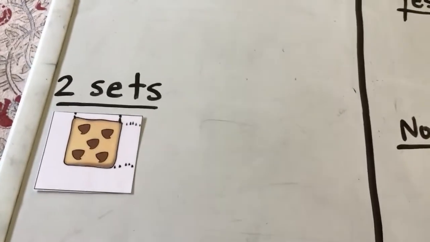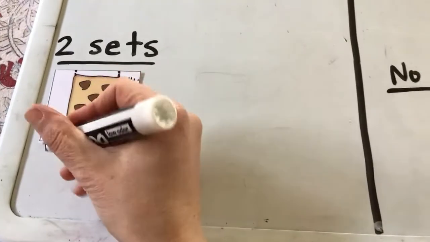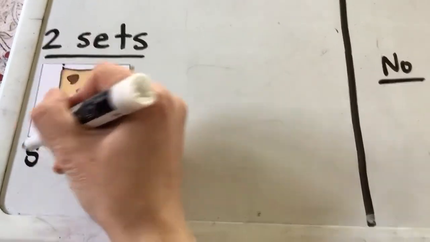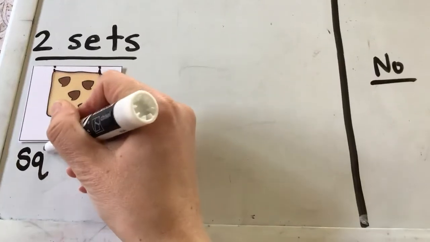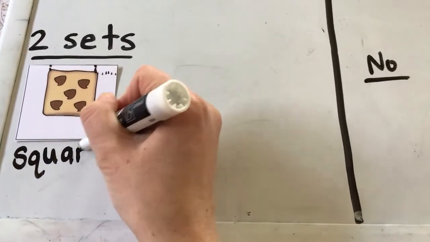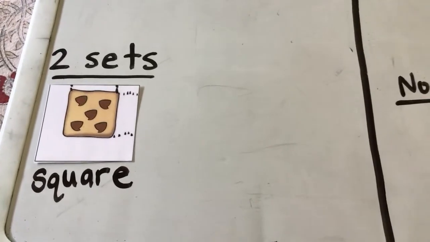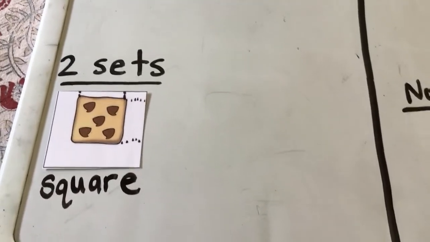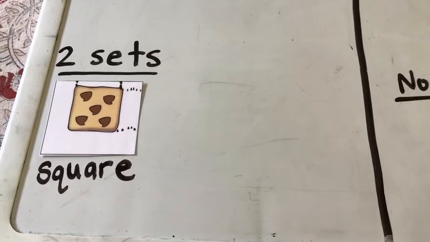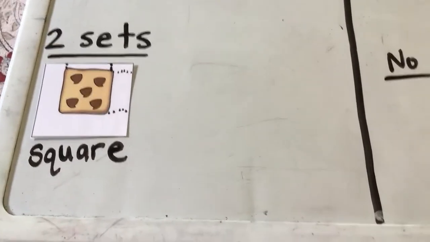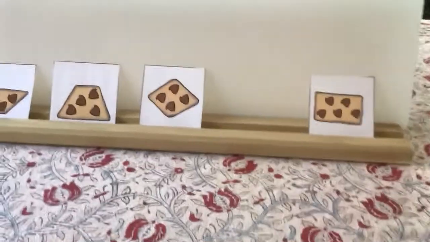And then underneath, so that I don't forget, I'm going to write square. S-Q-U-A-R-E. Okay? So if you're doing this in your notebook, you might write down that a square has two sets of parallel lines. Okay.